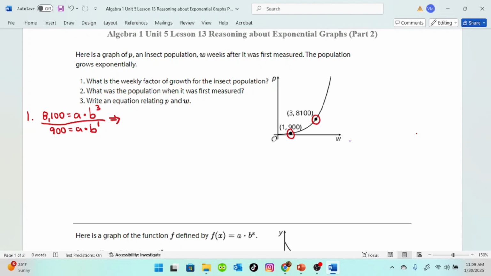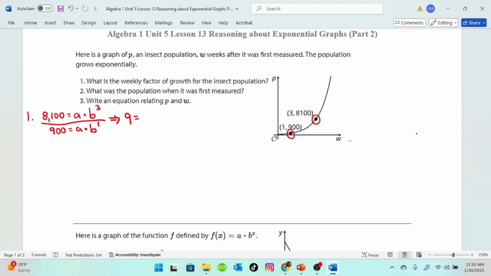So we have 8,100 divided by 900. That equals 9. We have A divided by A, and any time you divide something by itself, that is just 1. Then we have B to the third power divided by B to the first power.